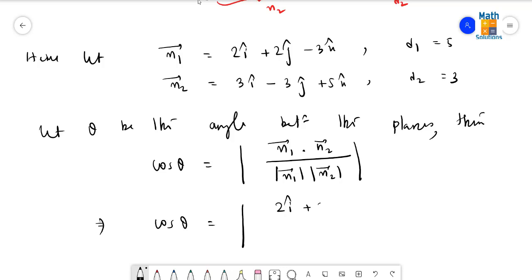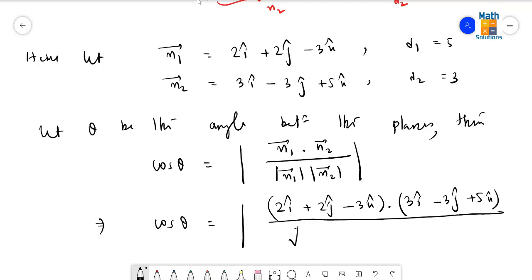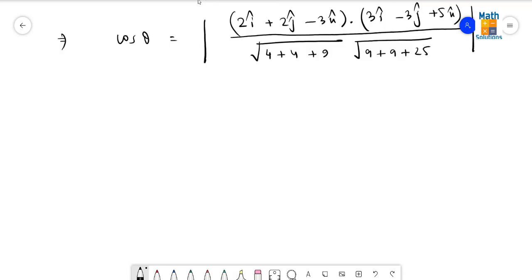So (2i cap plus 2j cap minus 3k cap) dot (3i cap minus 3j cap plus 5k cap) divided by square root of 4 plus 9, times square root of 9 plus 25. So what would I get?